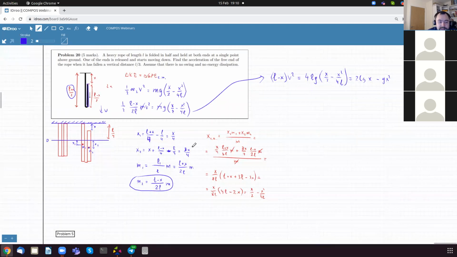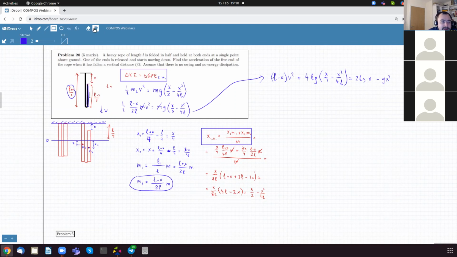So, what we did is we have, so this is physics, but the rest is maths. Just plugging in the values.